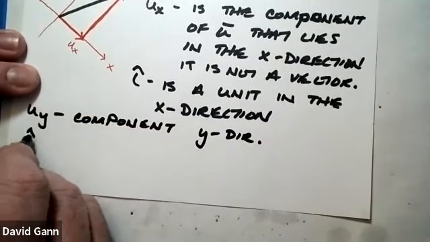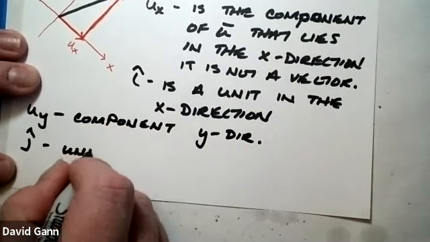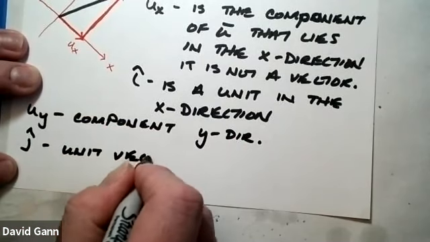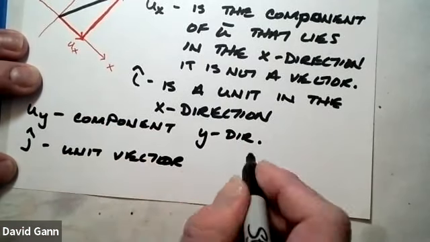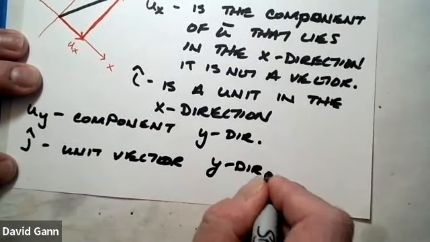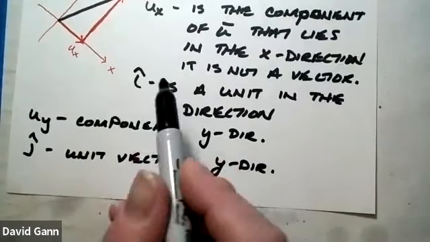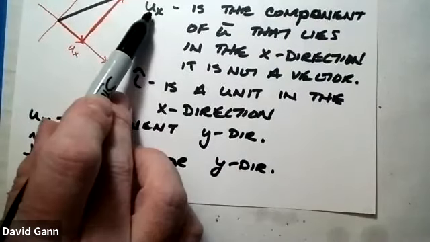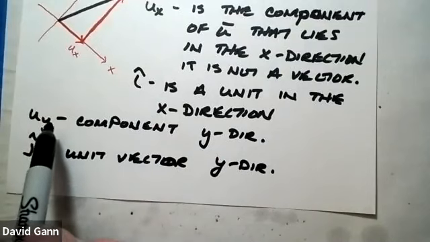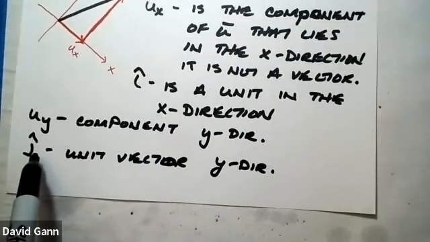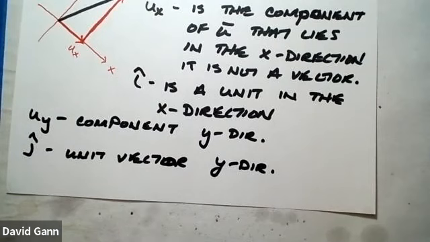And j hat, unit vector, y direction. Okay? So there's also, for three-dimensional work, you might have a u sub z, and then you use k hat for a unit vector in the z direction.